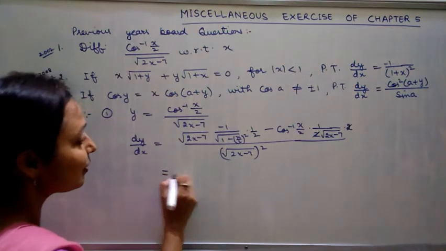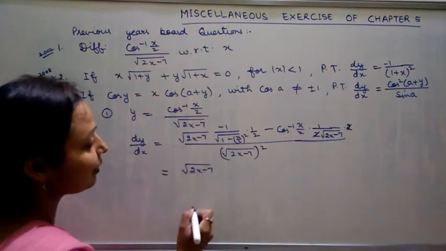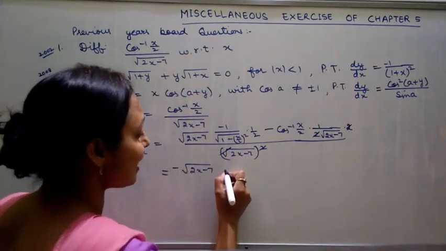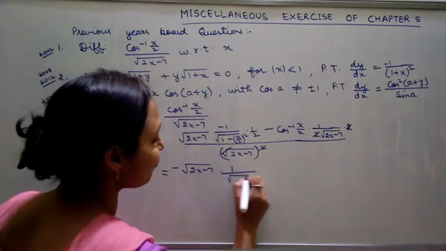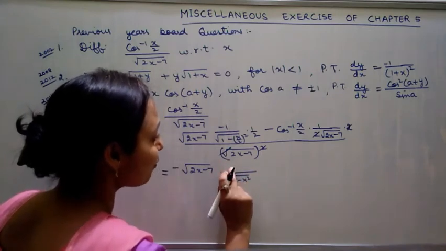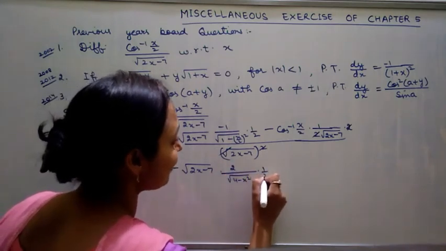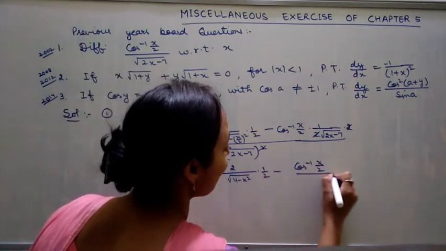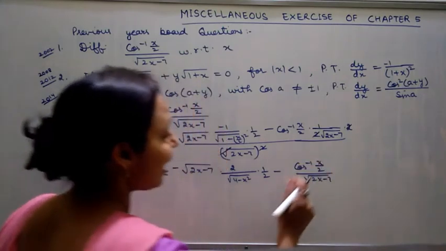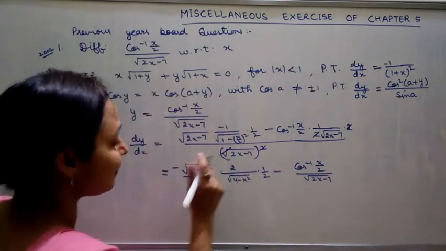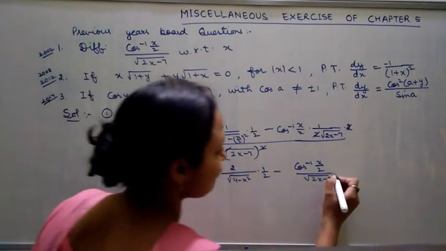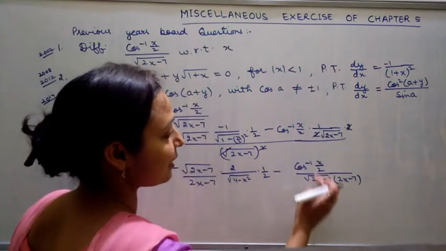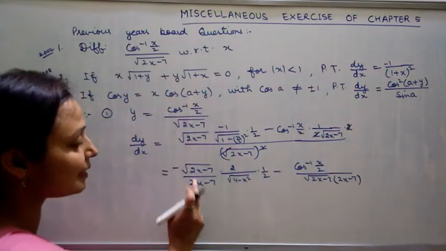Okay, I have root 2x minus 7 and here square and root will cancel. Here we have negative and it comes as 1 upon 2 under root 4 minus x square upon 2. It comes here with the 2 sign and 1 by 2 minus cos inverse x by 2 upon root 2x minus 7. I will take these two elements separately like this. 2x minus 7 comes here in the denominator with this sign.